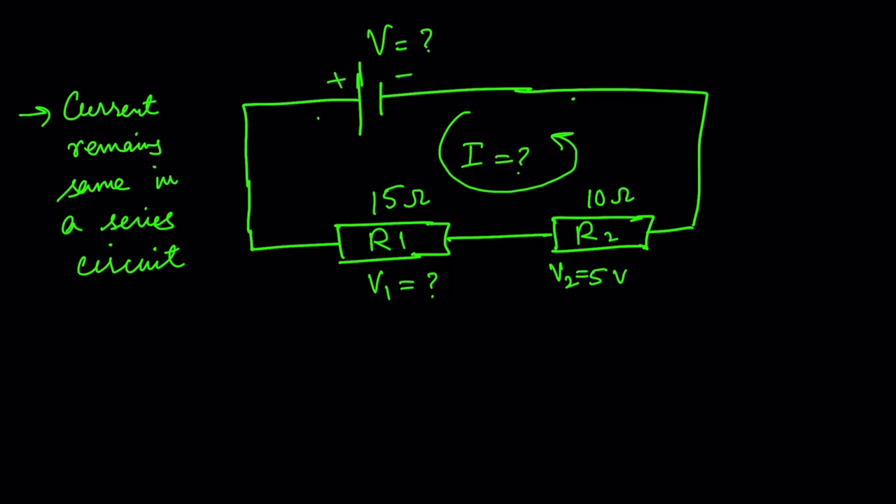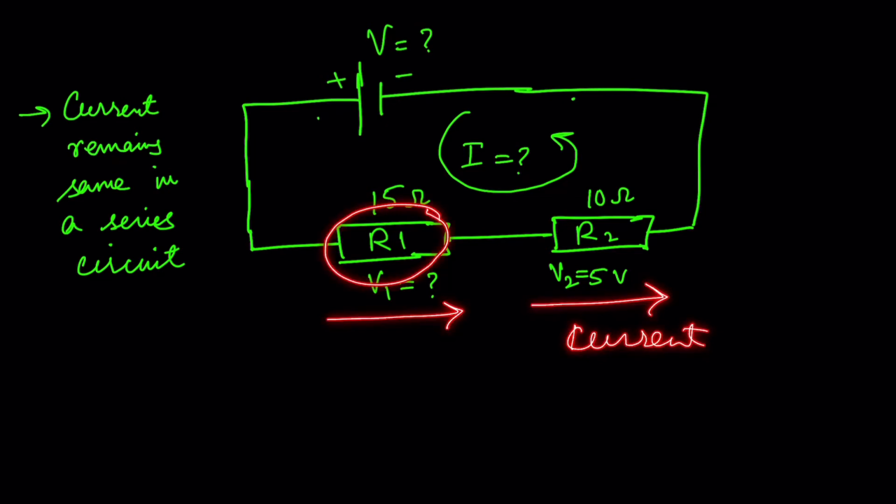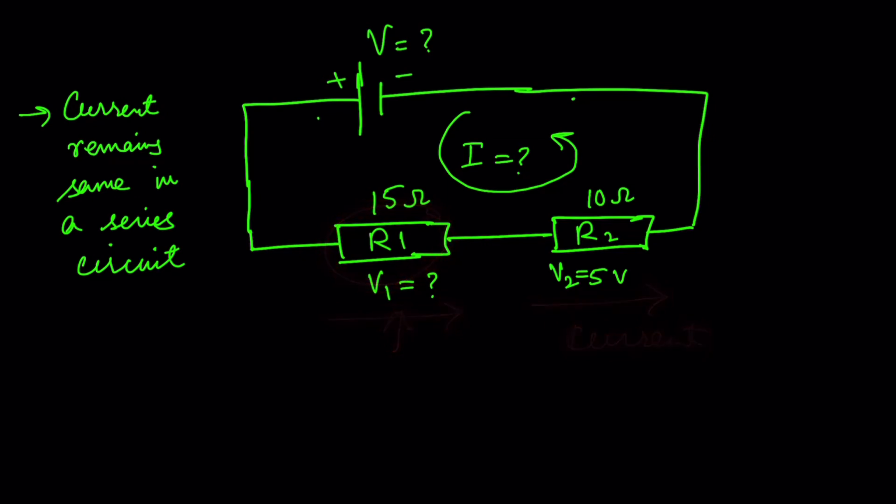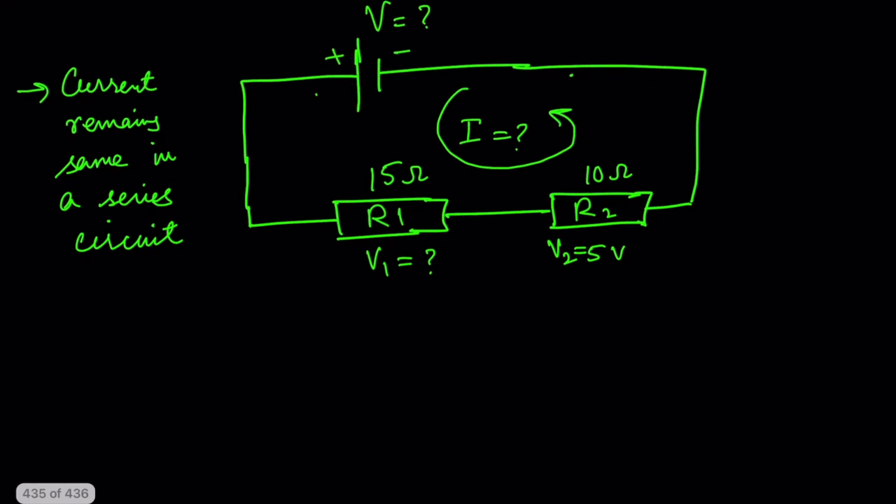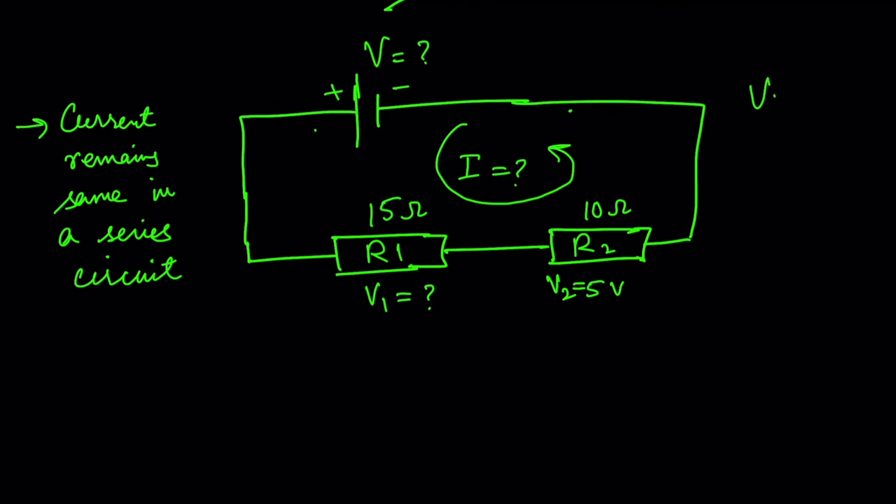So the amount of current that will pass through this resistor will be equal to the amount of current that will pass through this resistor. If we are able to find out the current through R1, then we'll use Ohm's law to find out V1. Once we find V1, we'll add up V1 and V2 to find out the total voltage. So for the first step, let's use Ohm's law, that is V equals IR, to find out the current through this resistor.